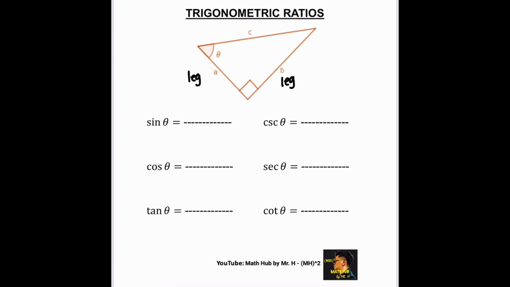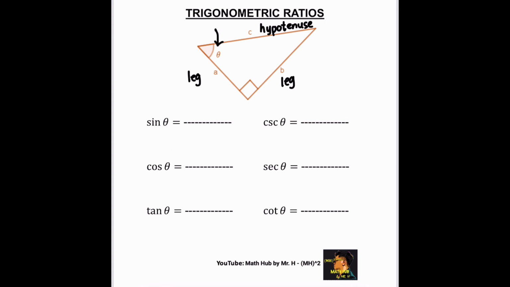And the longest side is what we call the hypotenuse. And you also need to remember this angle right here, which is labeled theta, because that will be our reference angle. So what I mentioned earlier was about the mnemonic, SOH CAH TOA.